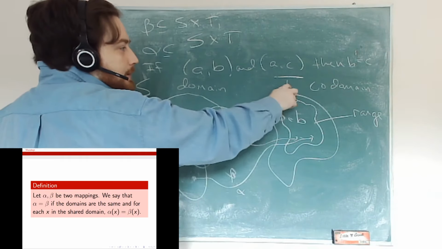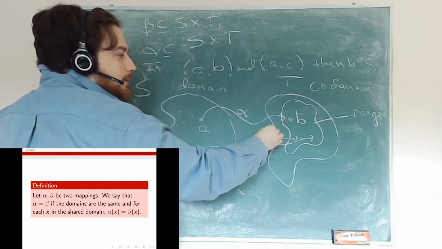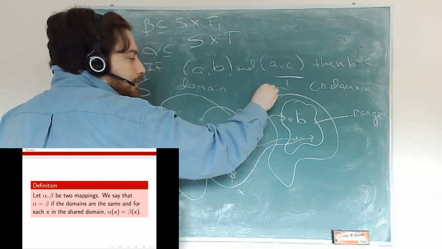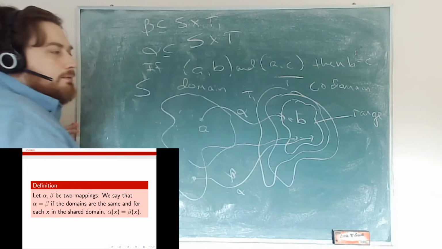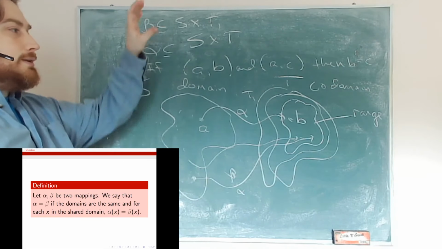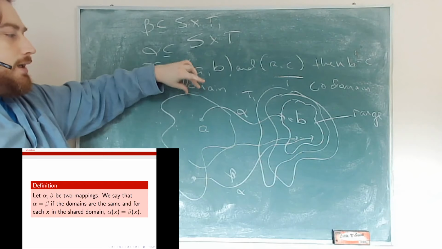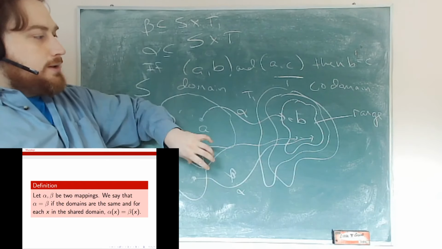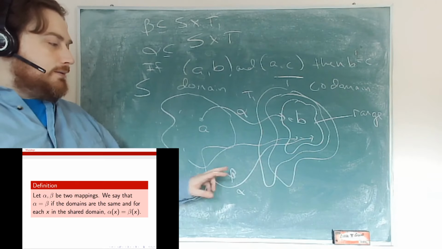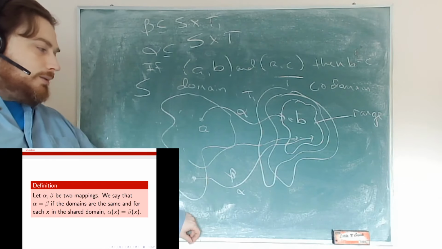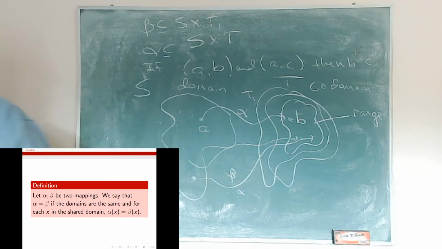Now the difference is because we don't map to everything in the codomain, T1 could actually look like this. So we could have different codomains. The important part is we have the same domain, and everything in the shared domain gets mapped to exactly the same spot, whether we're using alpha or beta. And that's what we mean by mappings being equal to each other.